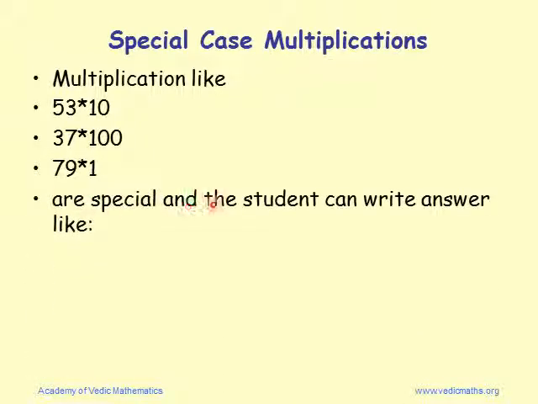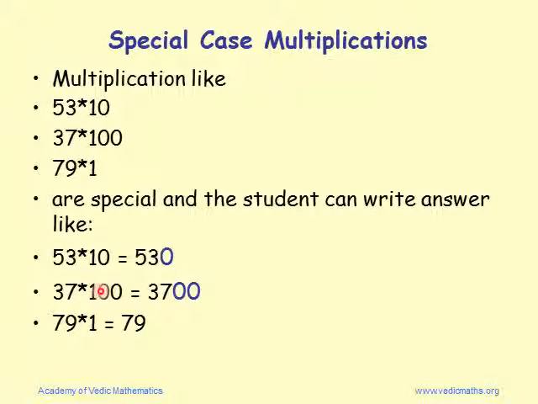These are special, and a student doesn't have to work on these multiplications; they can get the answers right away. 53 times 10 is 530, add a 0 to the right. 37 times 100, add 2 zeros to the right, 3700. 79 times 1 is 79. Multiplication by 1 does not change the result. You get the same result as the number being multiplied.